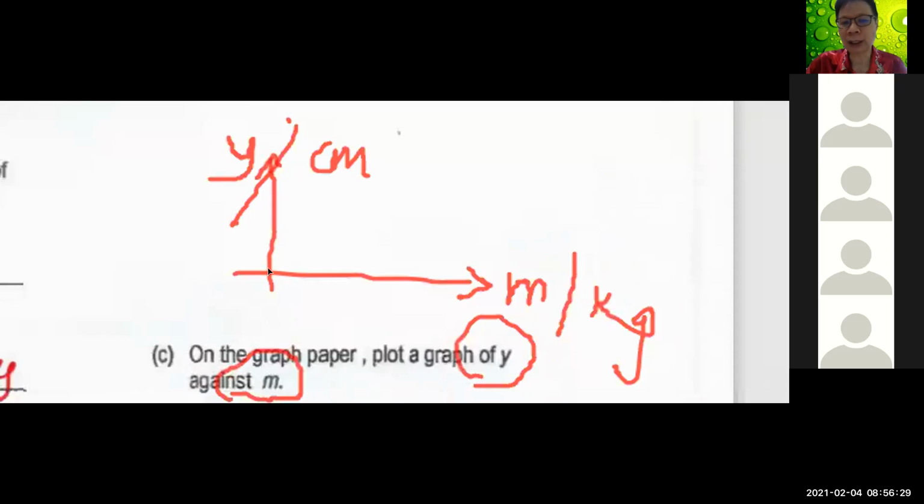You must make sure that your scale will cover at least 50% of the graph paper, so that the graph you plot later on is big. You must start with 0 for physics: 0, 0.5, 1.0, 1.5, and so on. Make sure it's big enough.